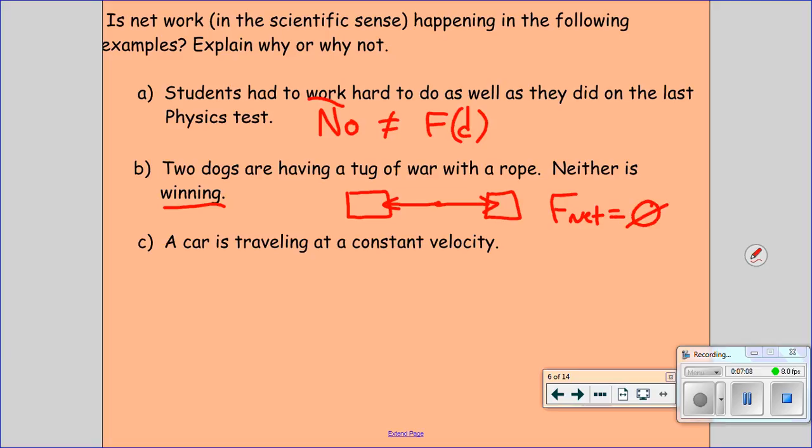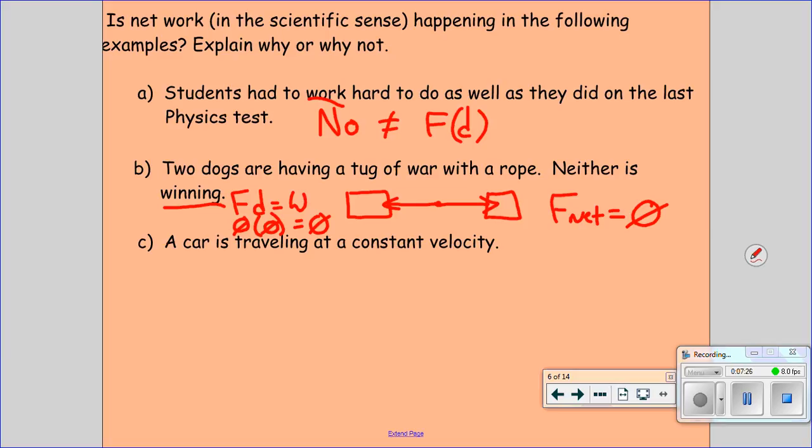So if the net force is nothing, no work is being done, because force times distance is work, 0 times, and the dogs aren't moving anywhere, 0, that's going to be 0 work being done.